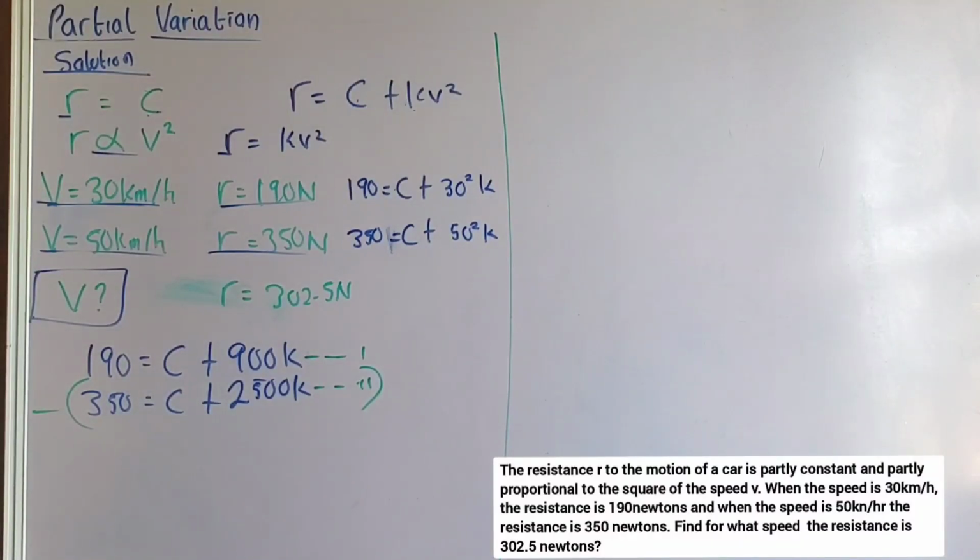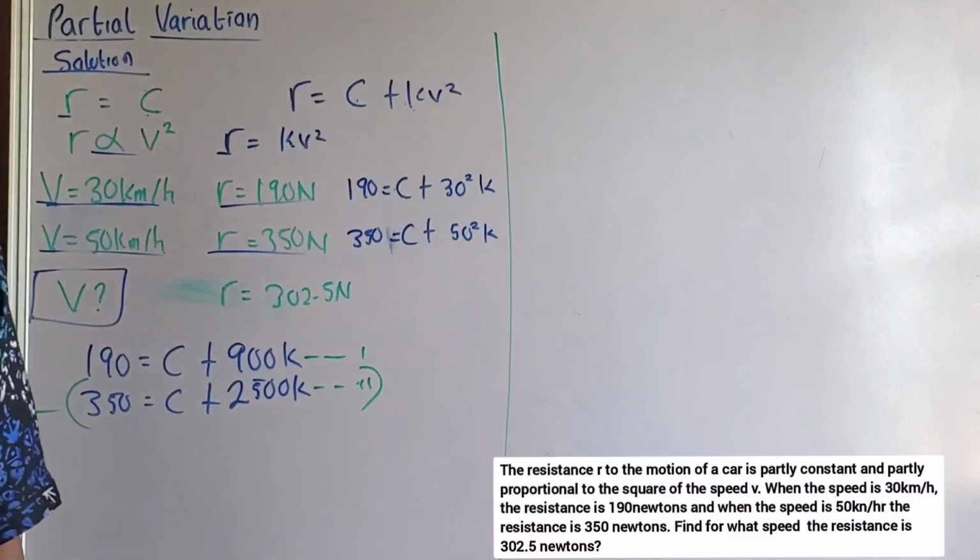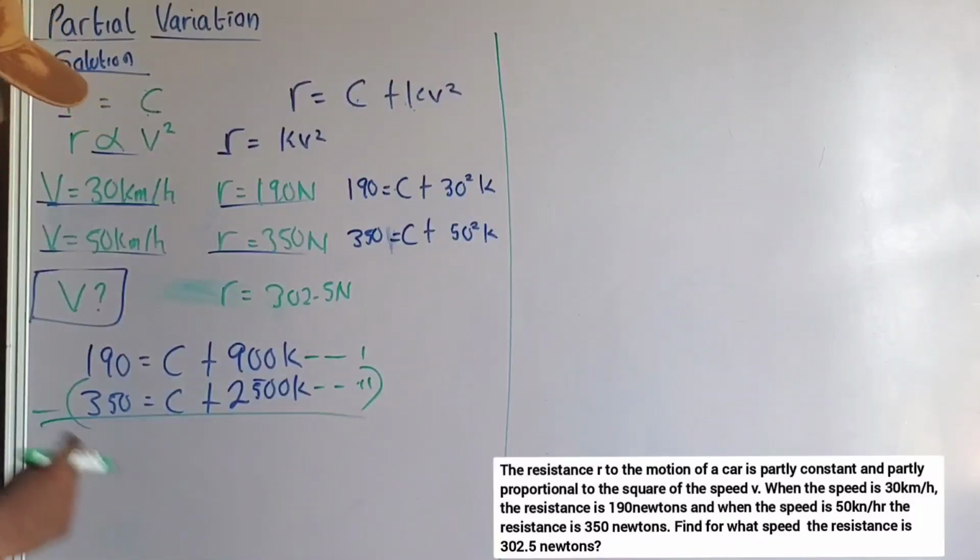But you can just use elimination method here to eliminate the value of C and get the value of K. If you are not competent or not fast with solving simultaneous linear equations using any of the three methods, kindly check the playlist on this channel.